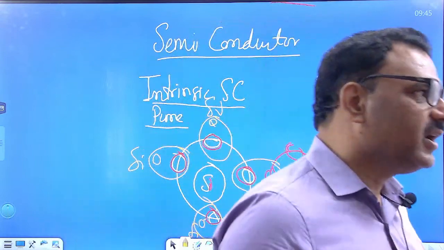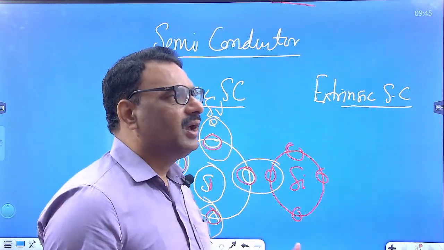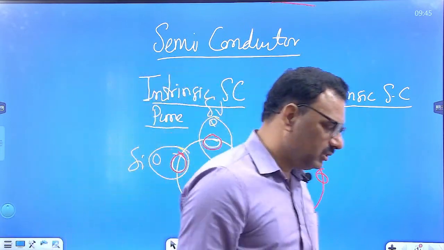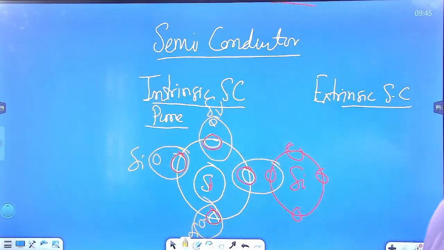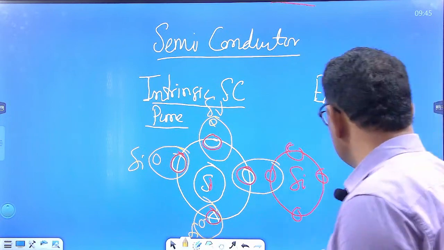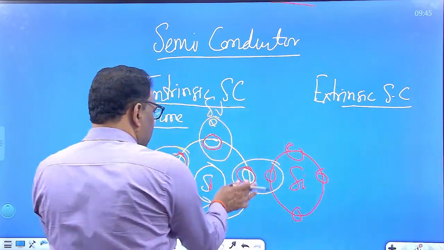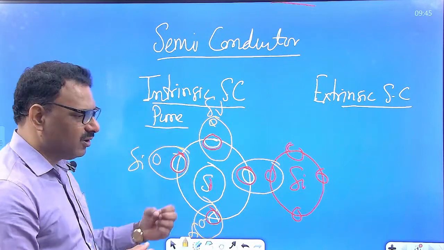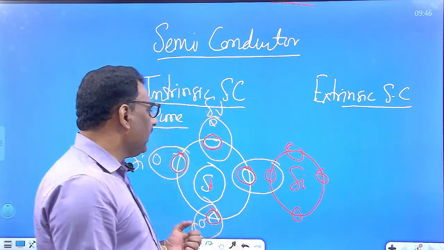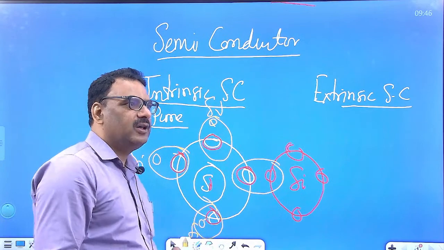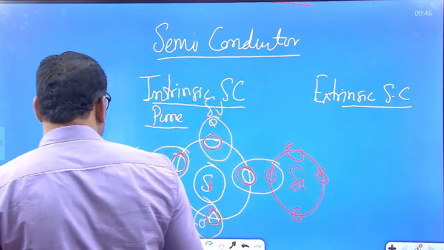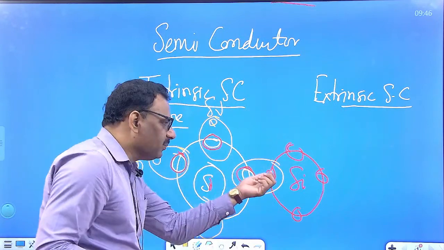All the electrons are making covalent bonds, and they will complete their octet, because we know the maximum number of electrons in the outermost orbit should be 8. So with the help of covalent bonds they complete their octet, and with the help of this covalent bonding they are very tightly bound. So all the electrons are in the bonding state.